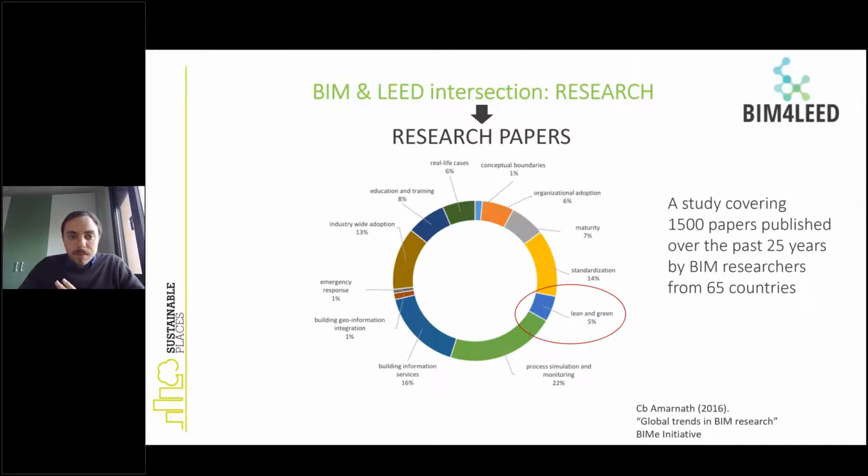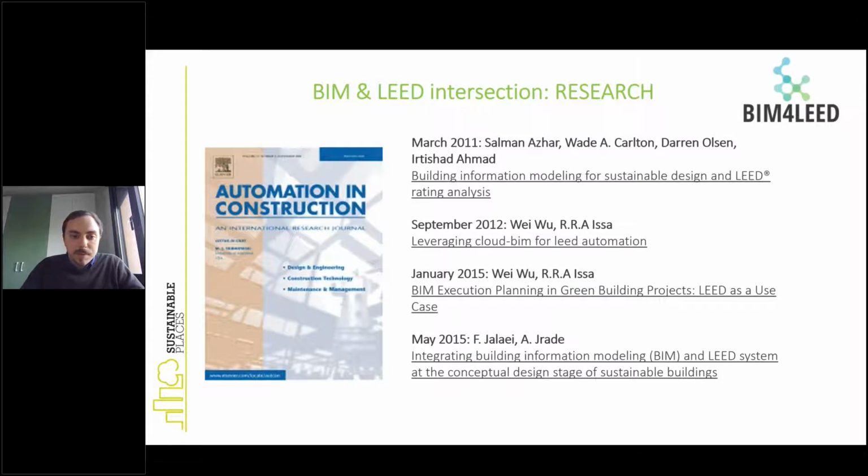In research papers, we did a search to find how many BIM papers are also about green BIM, and it is 5%, and within this 5% there are very interesting articles about LEED and BIM.